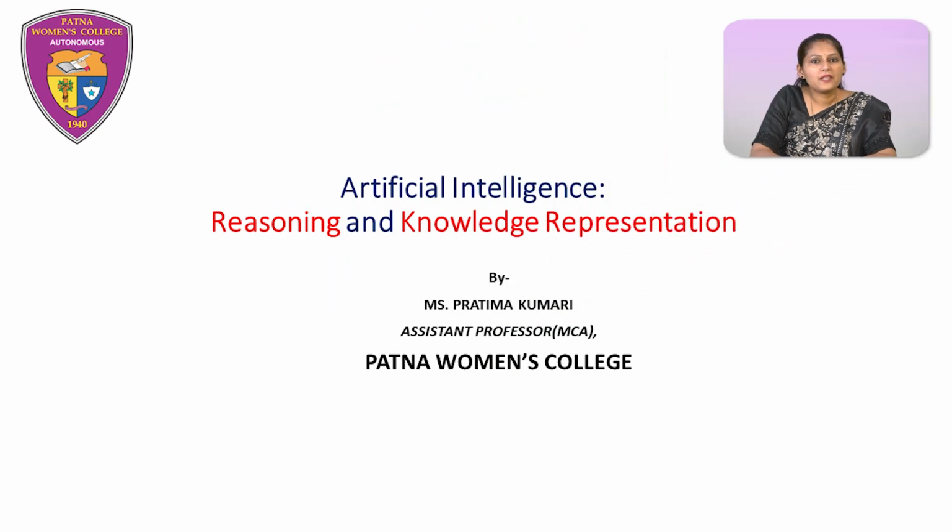Today, we will be covering the topic Reasoning and Knowledge Representation under the scope of Artificial Intelligence. Reasoning is a way to infer facts from existing data. It is a general process of thinking rationally to find valid conclusions.